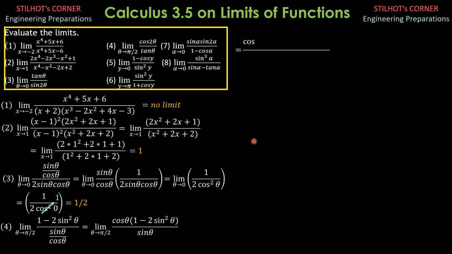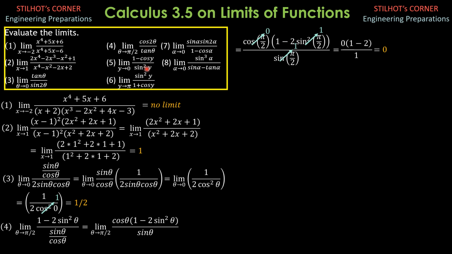So it is now equal to cosine of pi over 2, quantity 1 minus 2 sine square of pi over 2, over sine of pi over 2. Again, cosine of pi over 2 is 0, sine of pi over 2 is 1. So that would be 0 times quantity 1 minus 2, all over 1. And since 0 times negative 1 is still 0, divided by 1 is still 0, so it is 0.